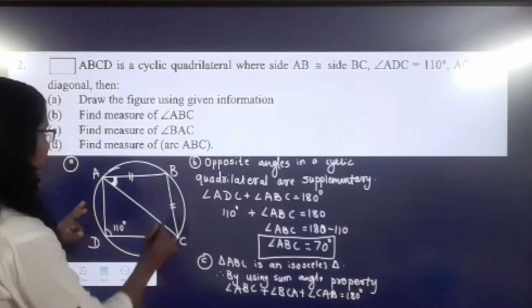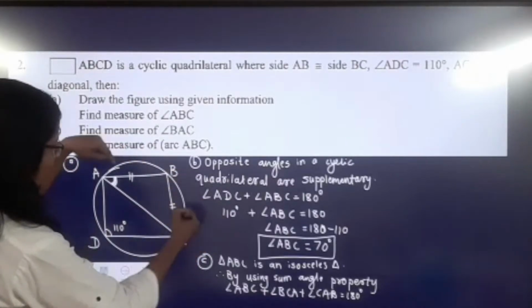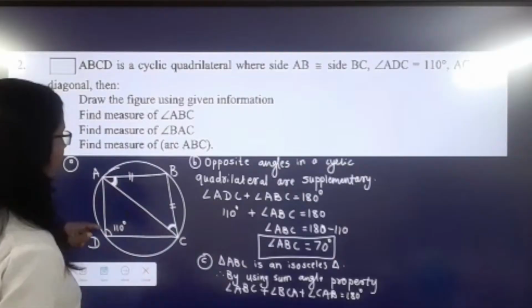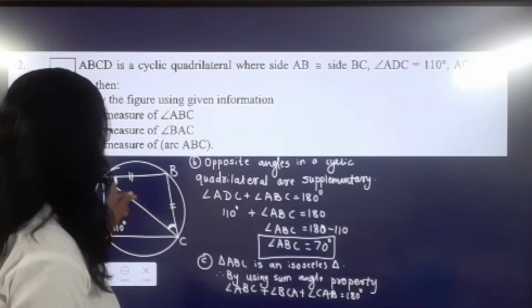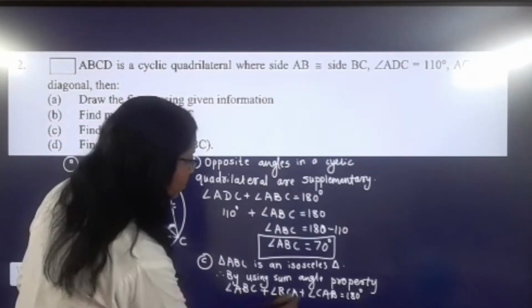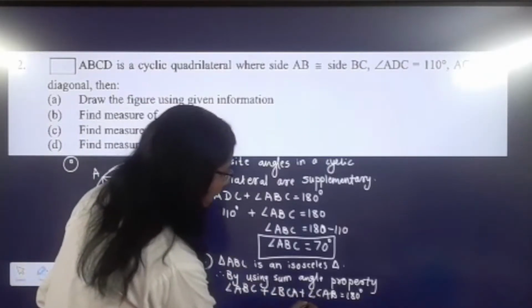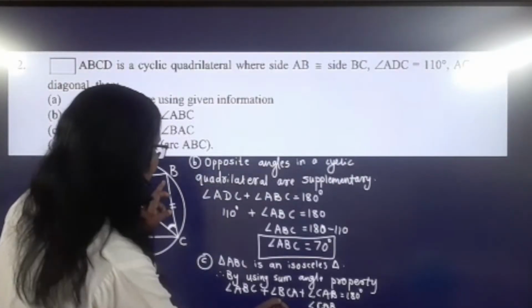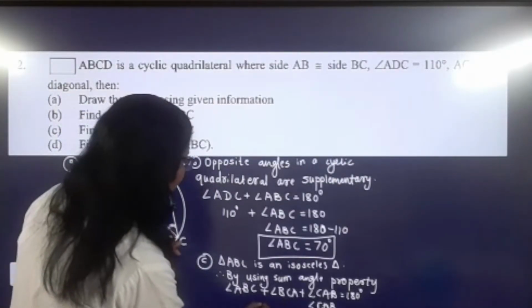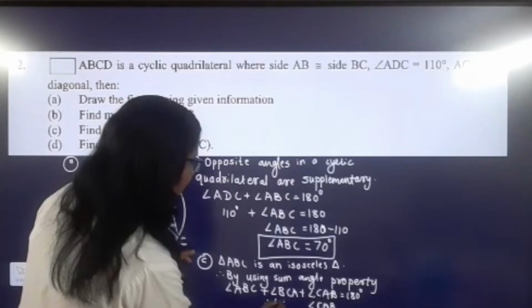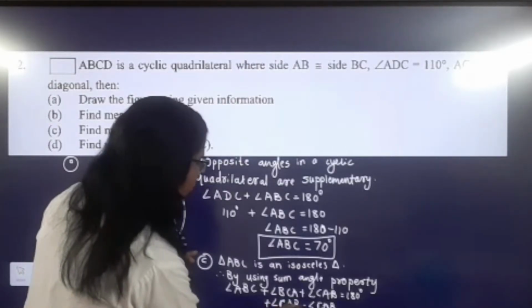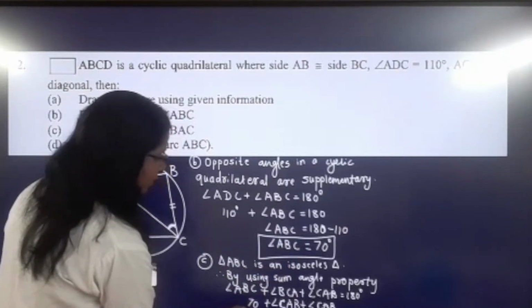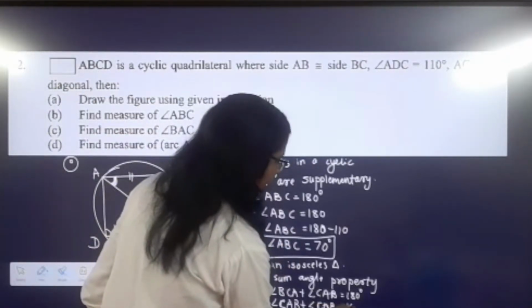Okay, and now here, students, these sides are equal, so that means angle BAC is equal to angle BCA. So instead of BCA, I write BAC. So here BAC, yes, here is the BAC. Okay, so here I write angle CAB, and angle ABC is 70, so 70, which is equal to 180 degrees.